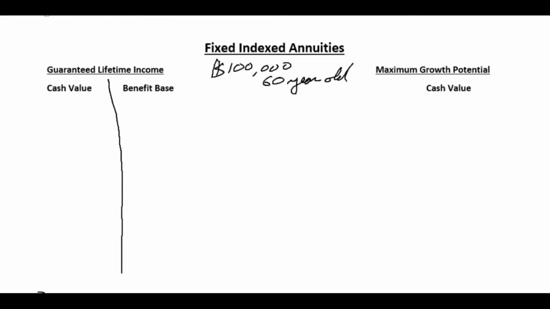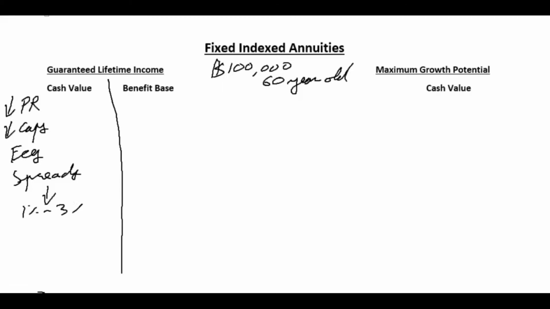And if you buy a guaranteed lifetime income annuity, you have to understand that you should not expect a lot of cash value growth because you're going to have low participation rates, low caps, fees, and spreads, which translate to growth of anywhere from 1 to 3% of your actual cash value growth.